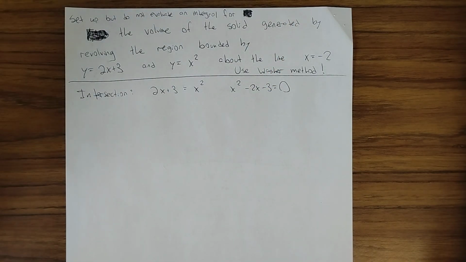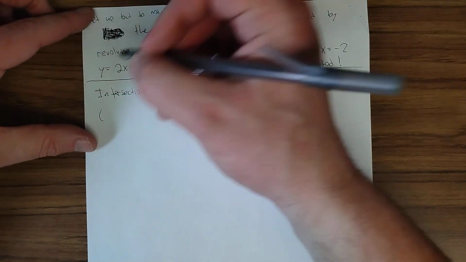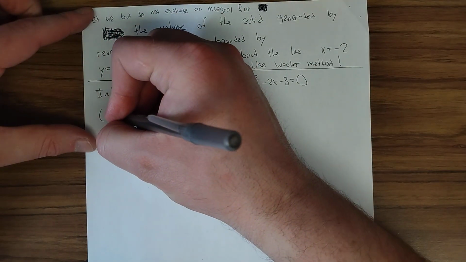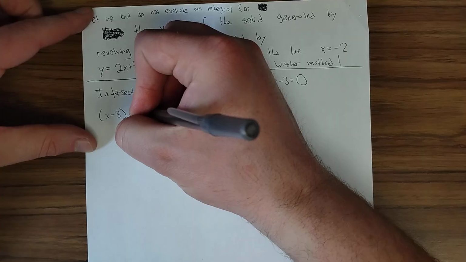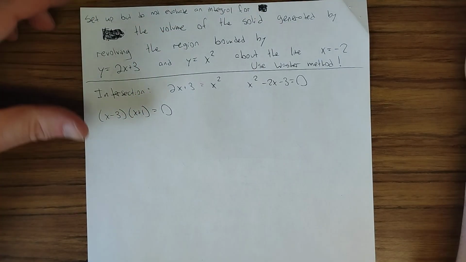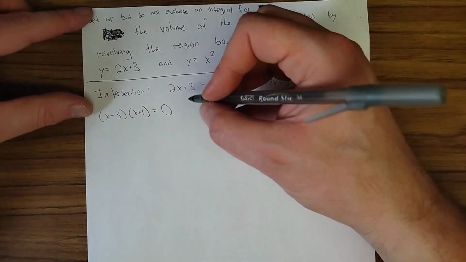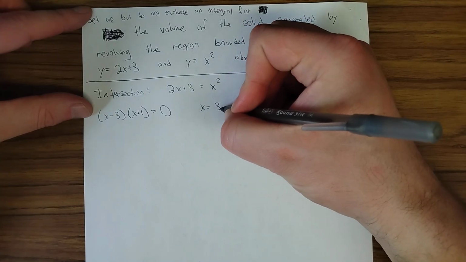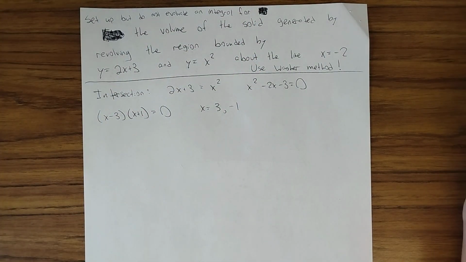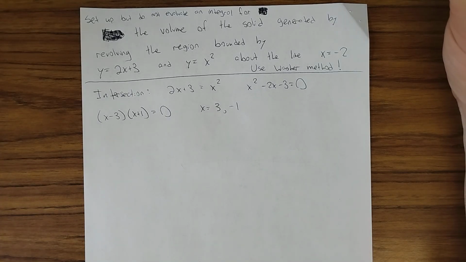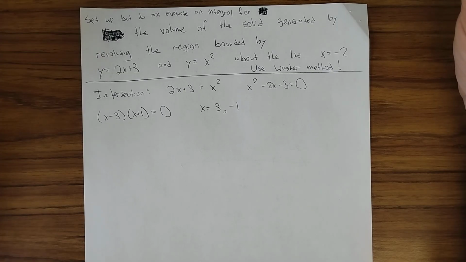Get everything over to one side, and I made this so it's not too bad. So I've got that. So x equals 3 and negative 1. And let's actually draw a little picture here.